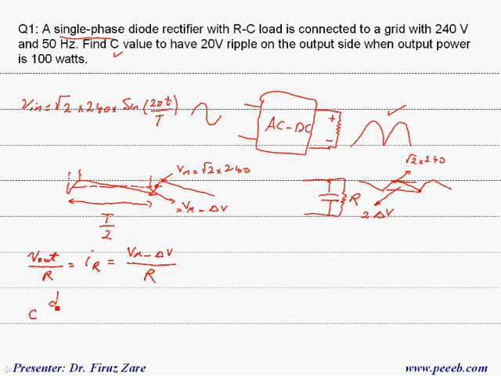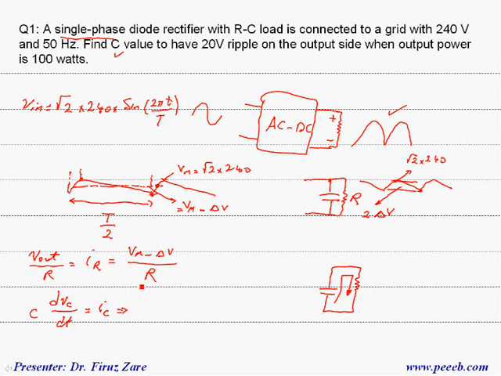C dVc over dt is the current through the capacitor. If you look at the circuit diagram, for the time that the capacitor is discharged through this resistor, the current through the capacitor is basically the load current.